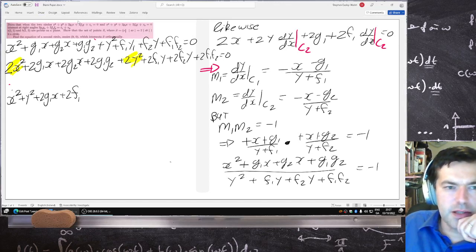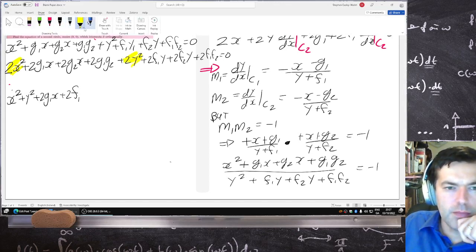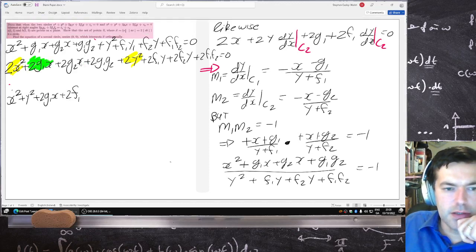I'm going to take this for that guy, and the second equation will need a 2g2x. I'm going to take that. 2f1y, I'm going to take that. 2f2y, I'm going to take that.